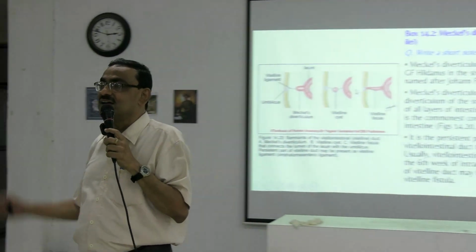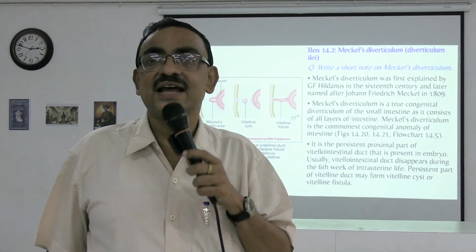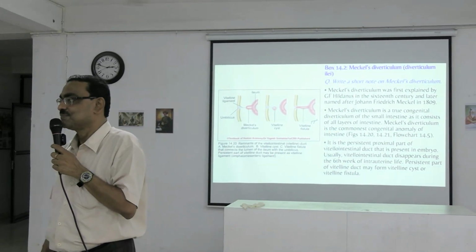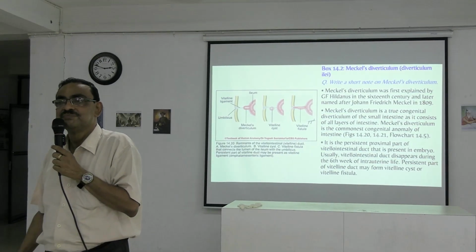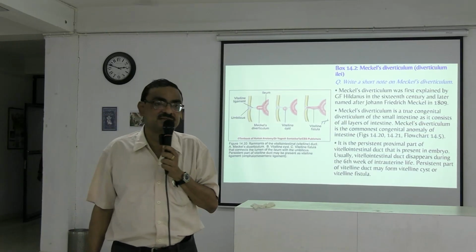Now there is another clinical entity which is called Meckel's diverticulum. It is an embryological diverticulum. It has a connection with the anterior abdominal wall. You can see. It is present in 2% of cases.